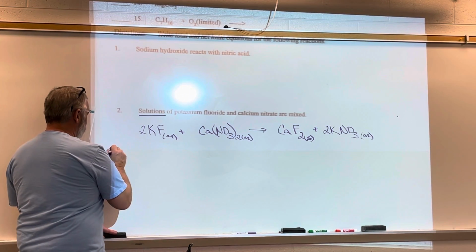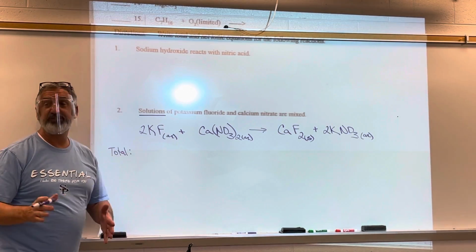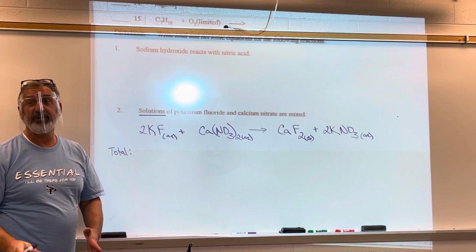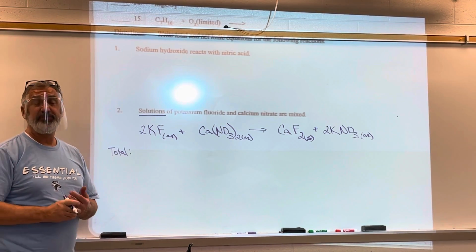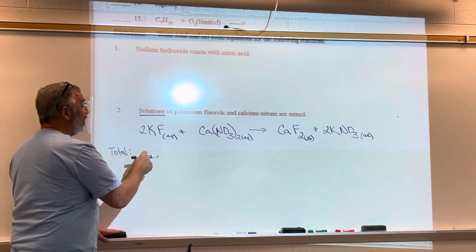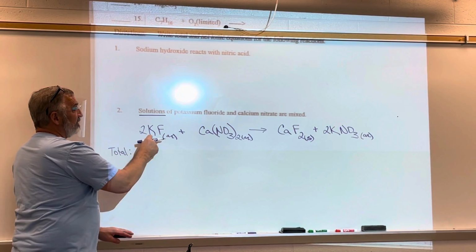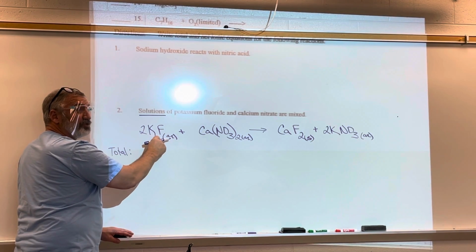All right, so my total. Now again, y'all make corrections on yours because I know that you guys didn't do this right. I didn't hardly see a right one when I was skimming through. What's my positive thing? What's my negative thing? Positive is K. But this 2 is going to distribute to both of them.